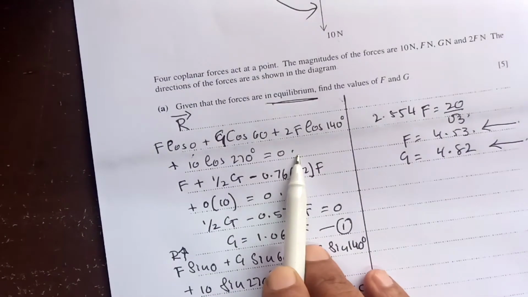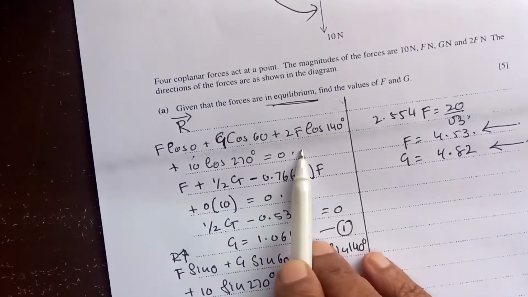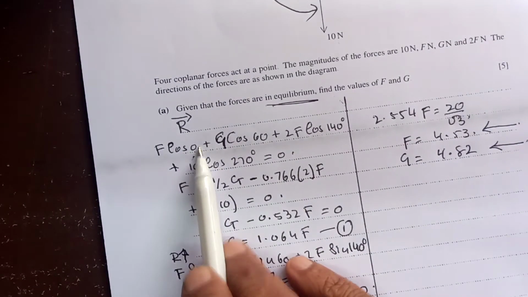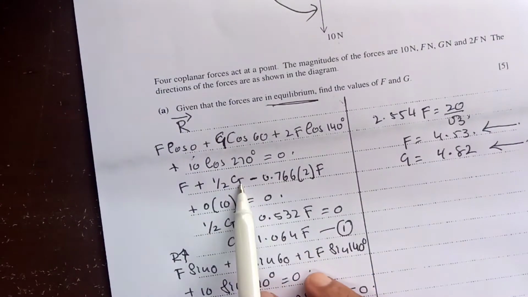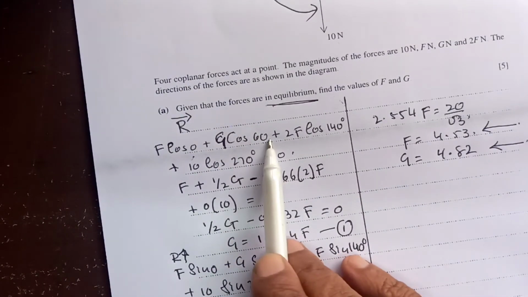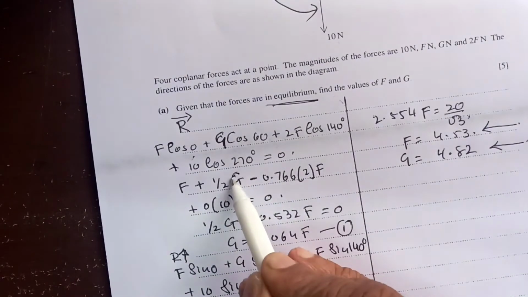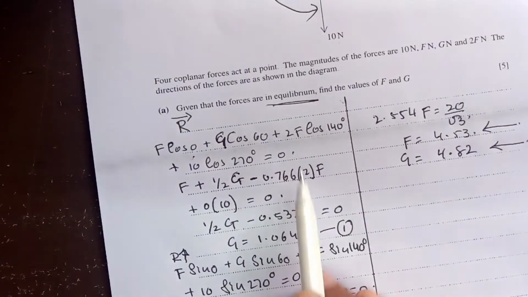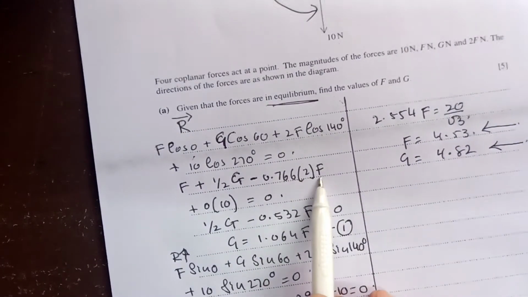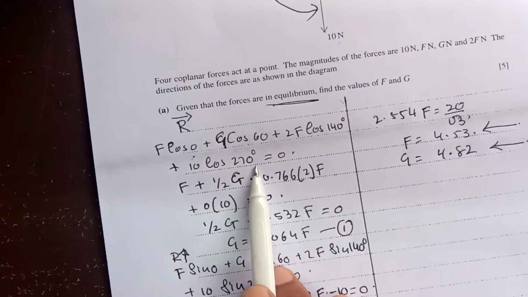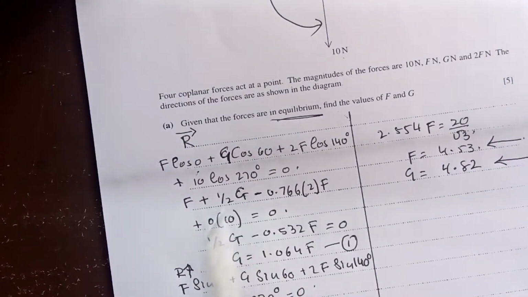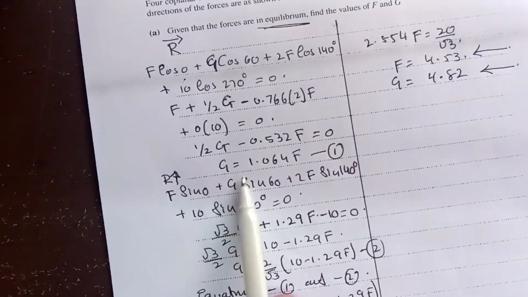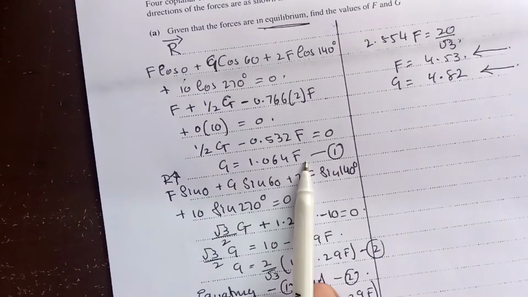This is equal to 0, because in equilibrium. Cos 0 is 1, so it is F. G cos 60, cos 60 is half, so it is G over 2. 2F cos 140, cos 140 is negative 0.766. 10 cos 270, cos 270 is 0. You just substitute, simplify, you will get G is equal to 1.064 F.